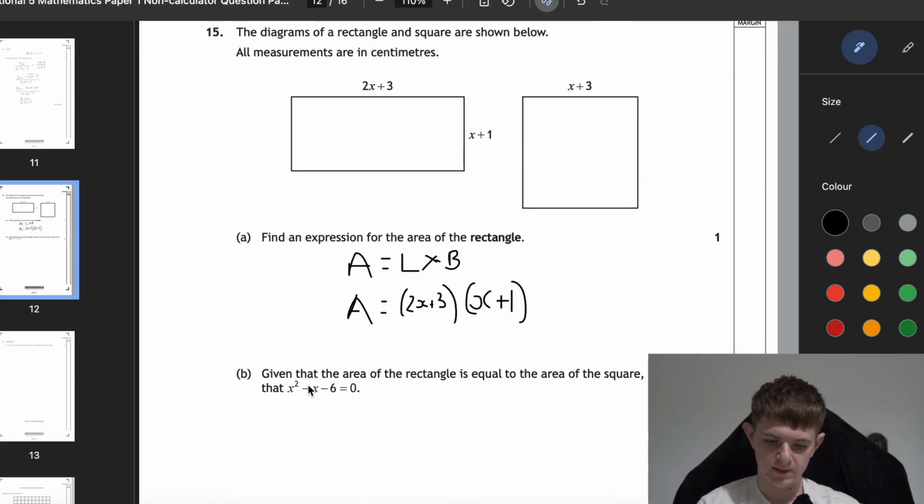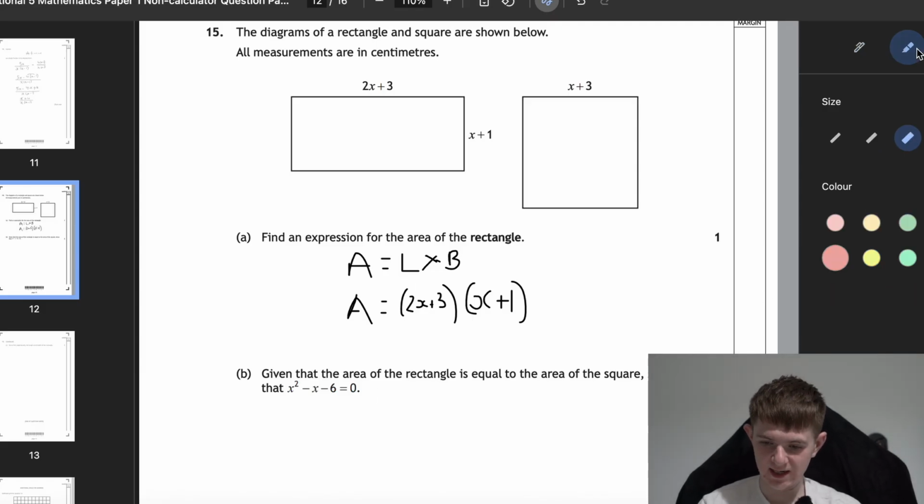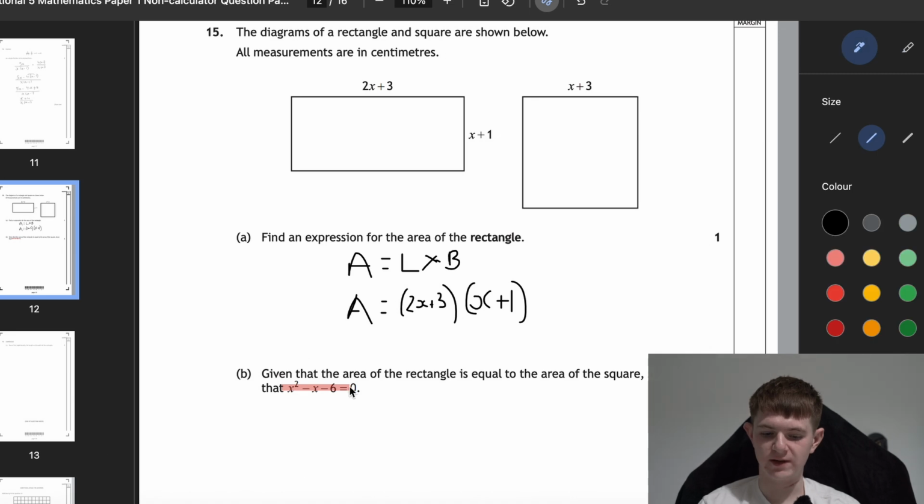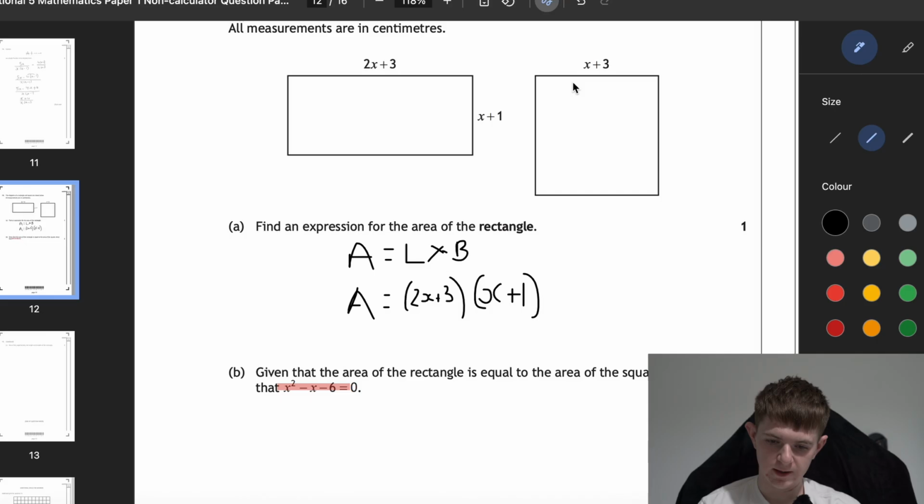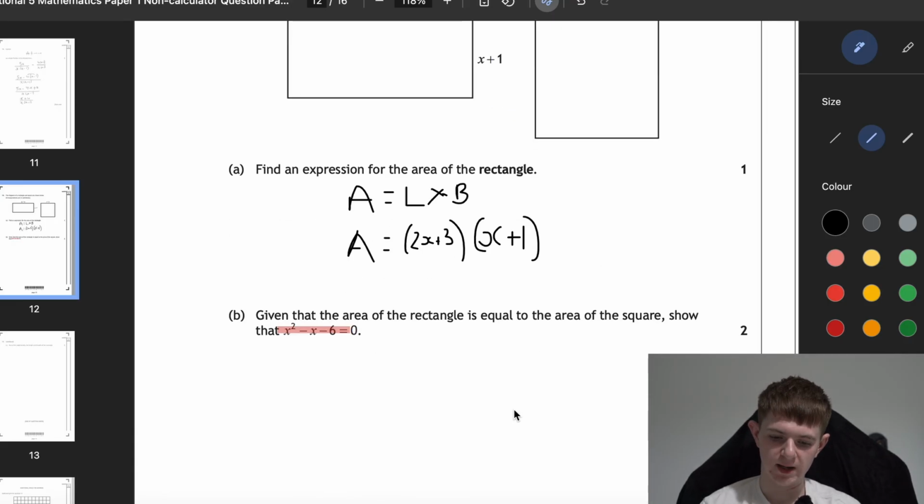In here, given that the area of the rectangle is equal to the area of a square, show that x squared take away x take away 6 equals 0. So that's the answer. This is actually the answer here. So we just need to figure it out. It's giving us the answer, so if you don't get that out when you finish, then you must have gone wrong somewhere. So we need to figure out the square here. We know that the square is, again, area equals length times breadth. So it's got to be x add 3, x add 3. We've already got 2x add 3, x add 1.